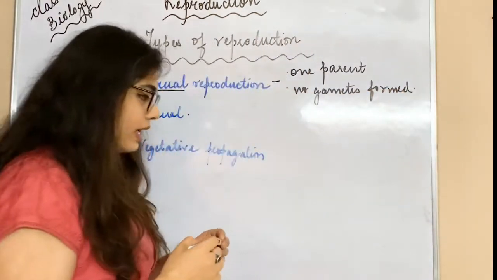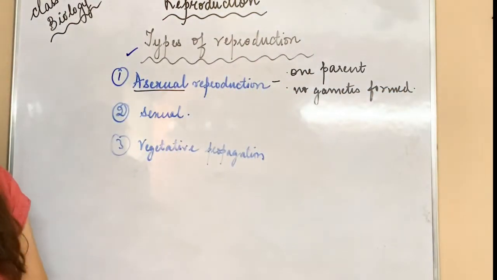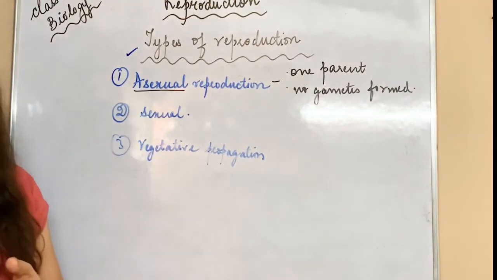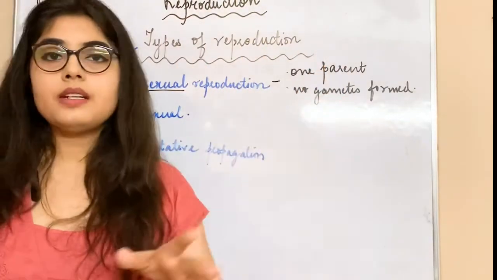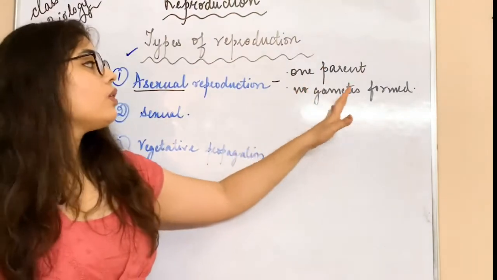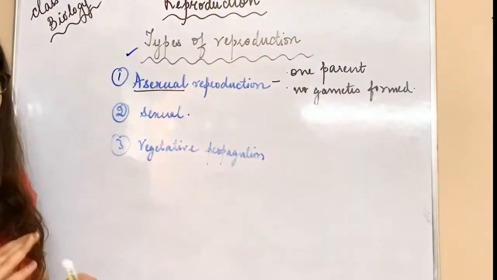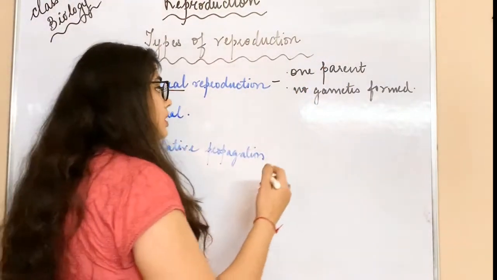Now what are gametes? Gametes are basically the special reproductive cells which help in the process of reproduction. So in asexual reproduction, only a single parent is involved, and no gamete formation takes place.